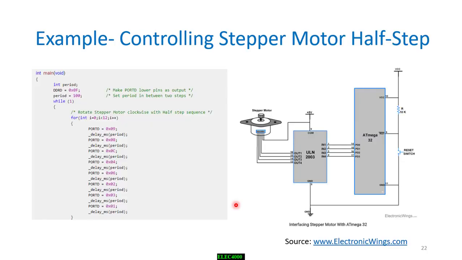Now, the ATmega32 can be used to control the stepper motor. You need 4 outputs over here, and these outputs are sent to the ports. Where did we get the values? 9, 8, C, 4, 6, 2, 3, 1.